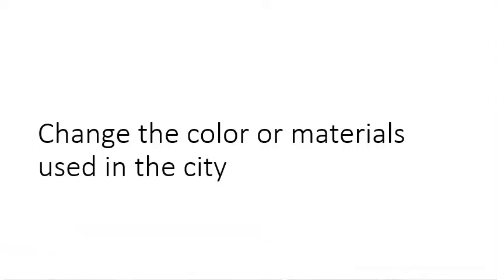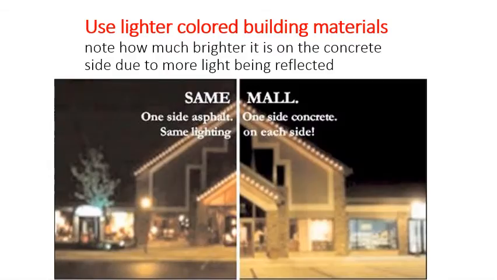Now we can also change the color or the materials that we use in the city, because remember, the color makes a big difference. Here's a shopping mall that they did a little experiment on in Florida, and they painted one side darker colors and they painted the other side a lighter color. And you can see over here how much darker it looks than over here, because the lighter color reflects more sunlight.